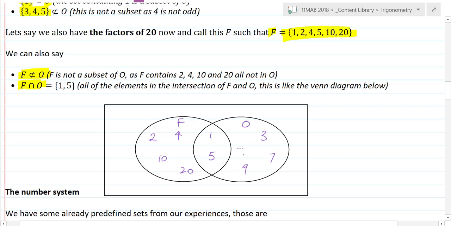So I've put a dot, dot, dot to show there's heaps of other ones. And on the outside, so neither F nor O, we have numbers such as 6 and 8 and 12 and 14, and also dot, dot, dot. So every even number that is not 2, 4, 10, or 20. And you've seen Venn diagrams before, so that should be hopefully reasonably trivial.